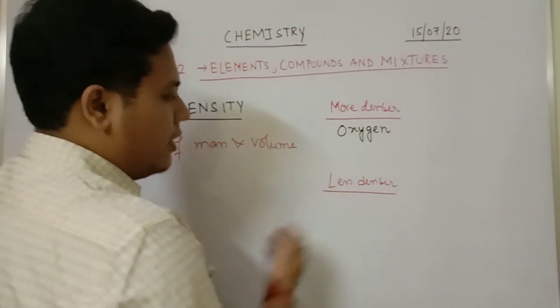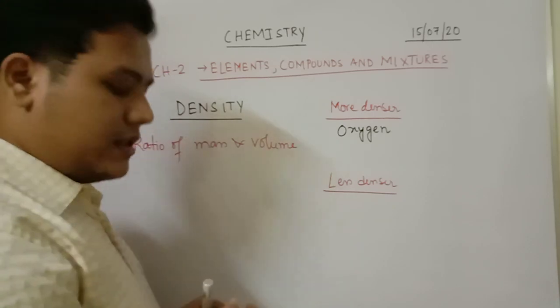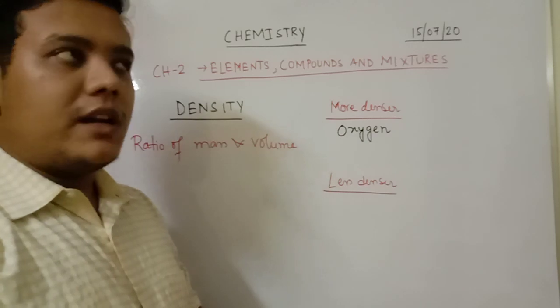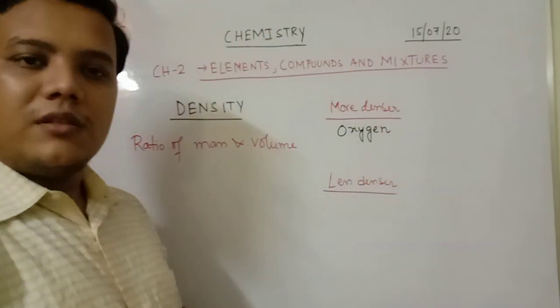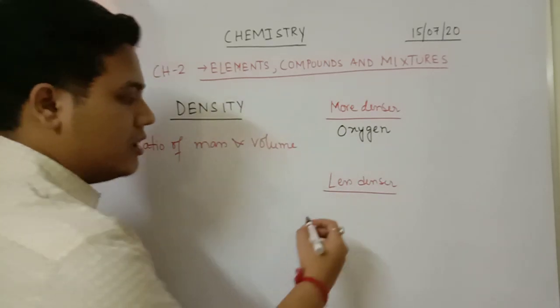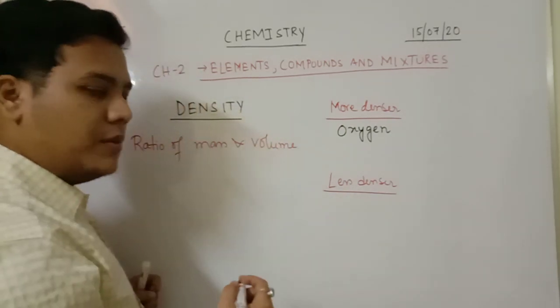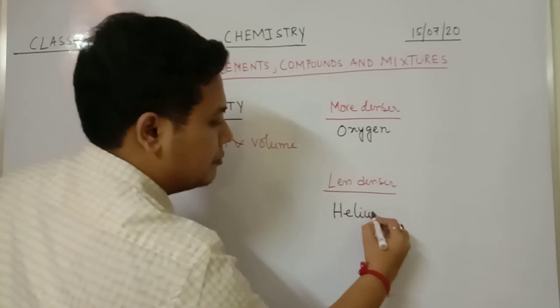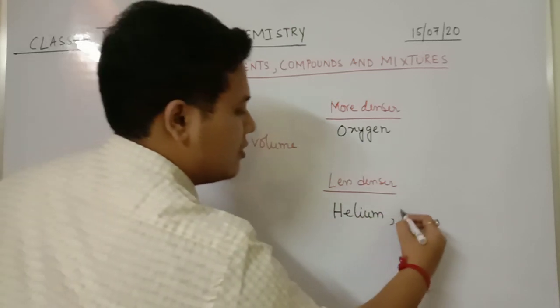And if I give you one example of a less dense gas, you have seen the balloons. If you leave it from your hand, it will try to escape into the atmosphere. Those balloons are filled with some unique gases called noble gases. We will learn about noble gases later on. Suppose helium, or you can use neon.